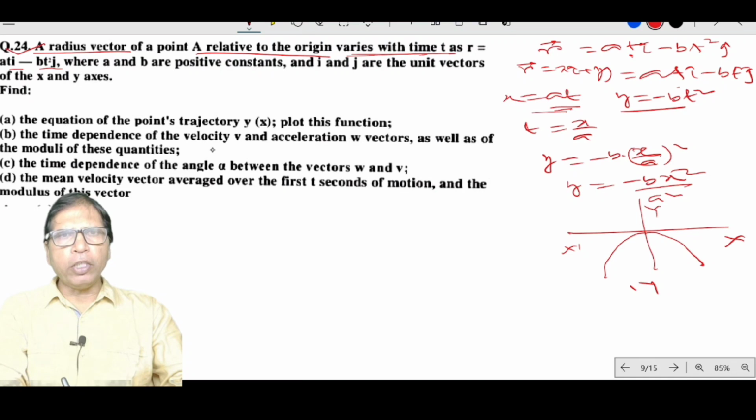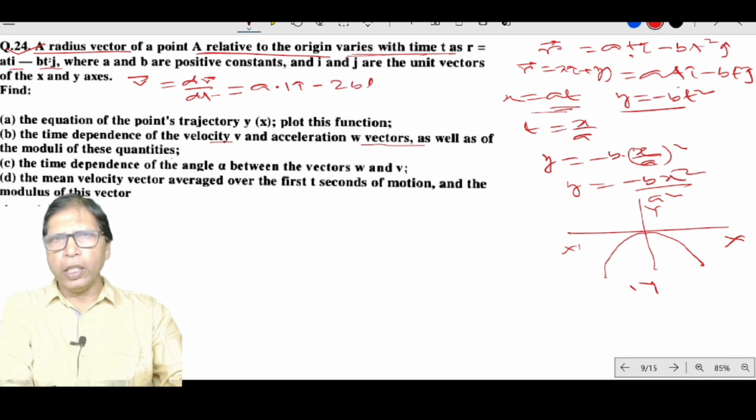Next, the time dependence of velocity v and acceleration w vector as well as the moduli of these quantities. The v vector is dr vector by dt. So a into 1 into i cap minus 2b t j cap.